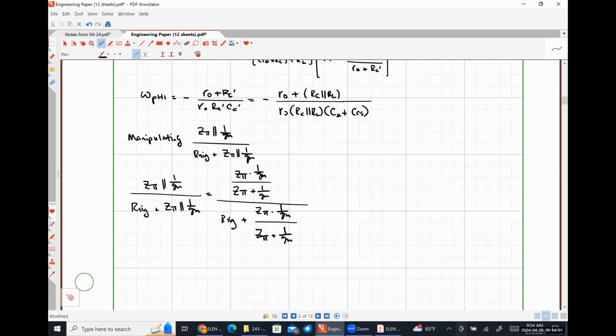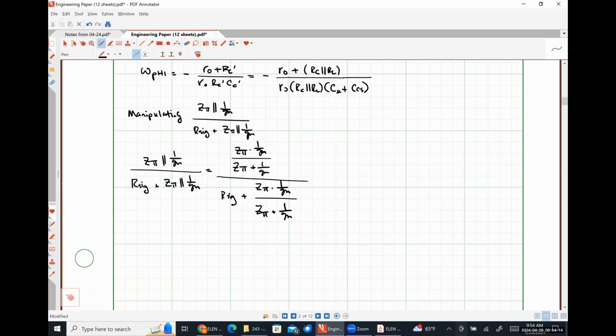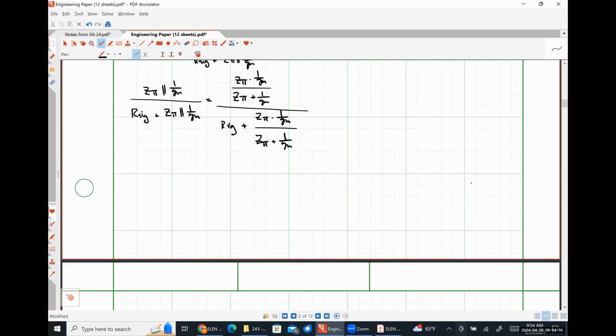And so I'm going to multiply this R sig by Z pi plus 1 over gm divided by Z pi plus 1 over gm to once again have a common denominator in each of the denominators of my ratio here. And so this will be good.